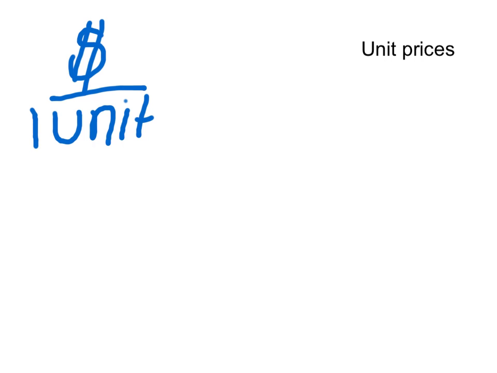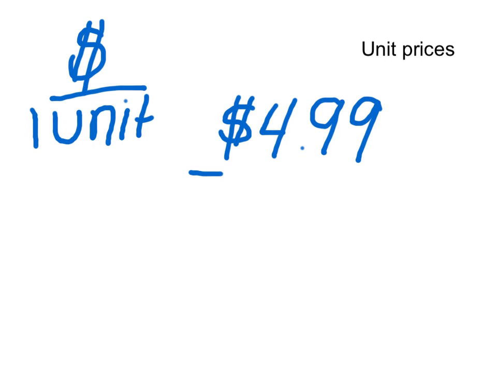So say I have a pack of pens that I'm buying that costs $4.99. And in the pack of pens, there are 3 pens. So how much am I purchasing the pens for? Well, to know the actual value of each pen, I have to find the unit rate.